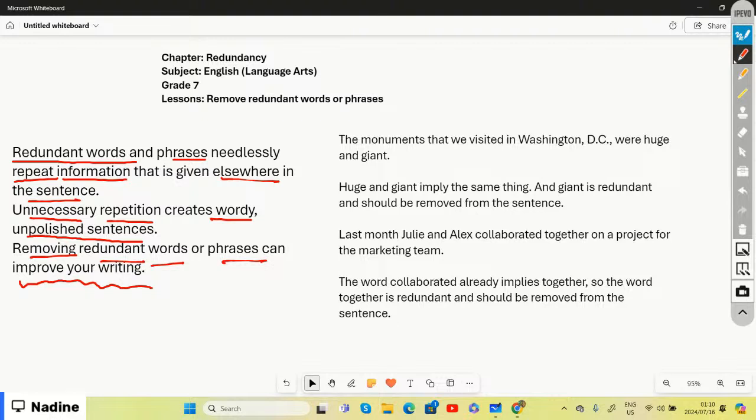All right, so if we look at a mini activity, or example, on redundancy, where words or phrases repeat information that is given elsewhere within the sentence.